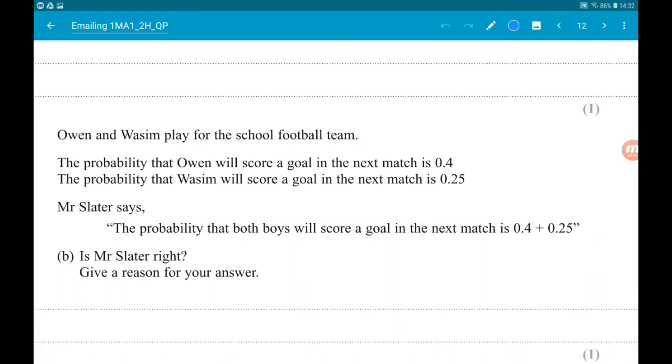The probability of getting a 1 on the dice would be 1/6. You don't add the probabilities, you multiply them together. So Mr. Slater should do 0.4 times 0.25 to work out the probability for them both scoring a goal. As it goes, that would be 0.1. Cool.